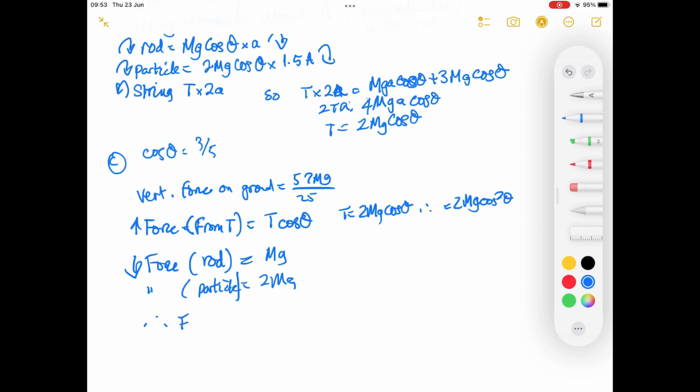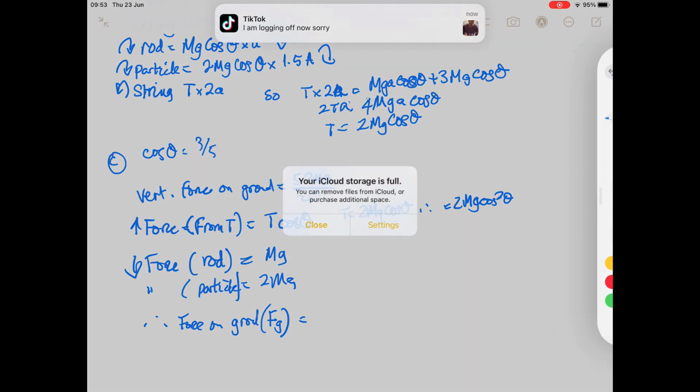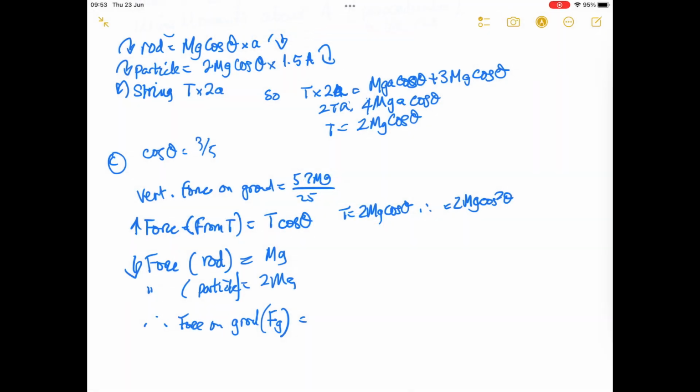And then you can say the force acting up on the ground will equal mg plus 2mg, because it's got to oppose it, mg plus 2mg minus 2mg cos squared theta.